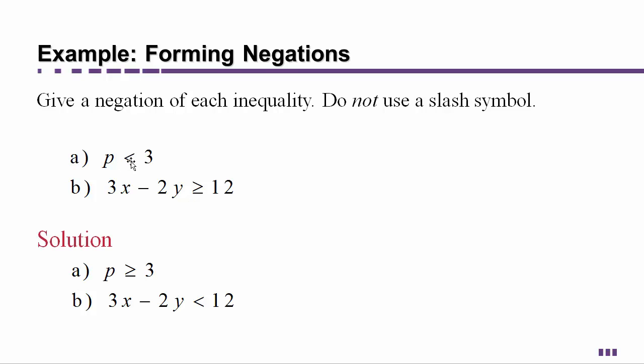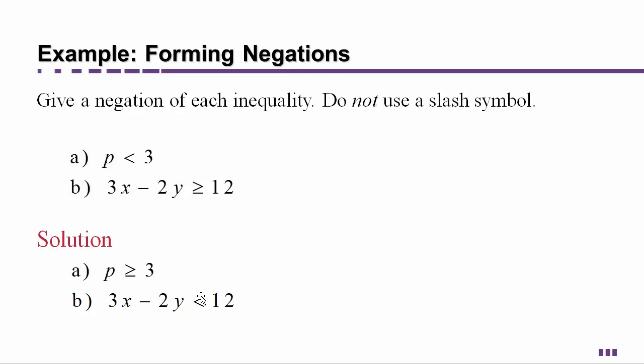The opposite of less than, right, the complement, if you think about the entire spectrum of the relationship between P and 3, it's either less than it, equal to it, or greater than it, right? Those are the only options. So if one statement is that it's less than, the negation has to be everything else. So it's not just greater, it's greater than or equal. It's the idea of complements, right?